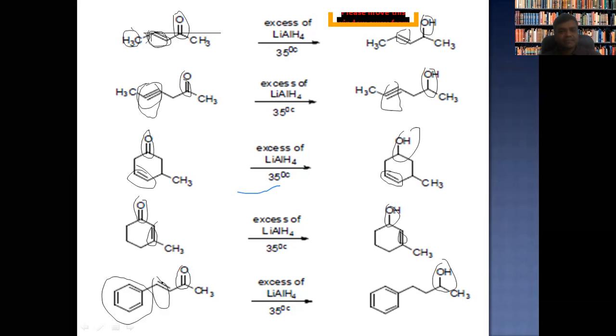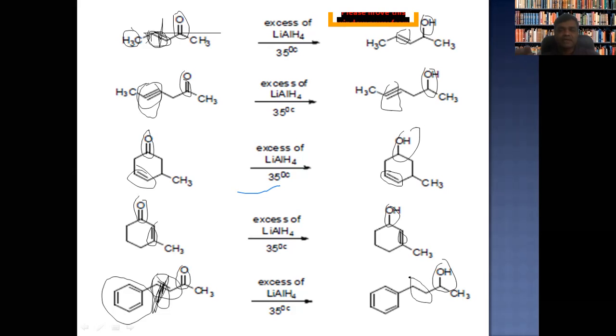Compared to the other carbon-carbon double bond, a double bond attached to an electron withdrawing group like a phenyl ring or NO2 group is less electron rich. Therefore, hydride ion can reach there and the reduction takes place, and this carbon-carbon double bond is reduced to a single bond.